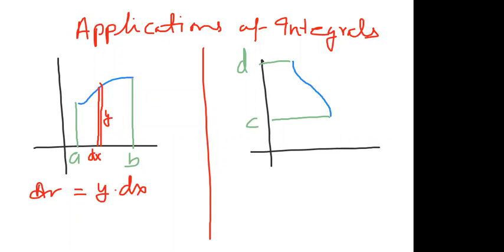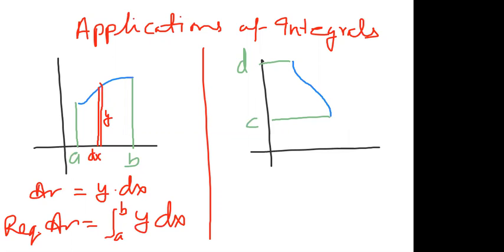For calculating the whole area, the required area is equal to integral from a to b y dx. This is when we are calculating the area with respect to x-axis. And to calculate the whole area, this whole region is divided into a number of strips.